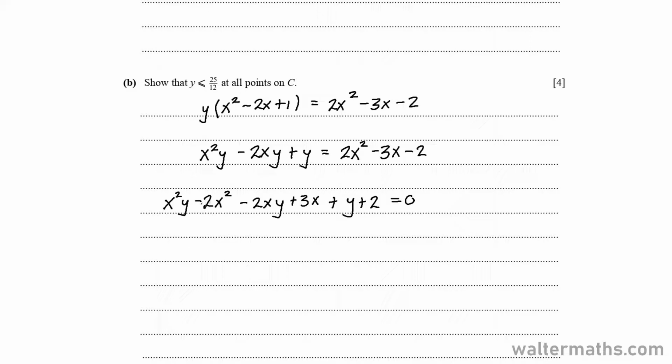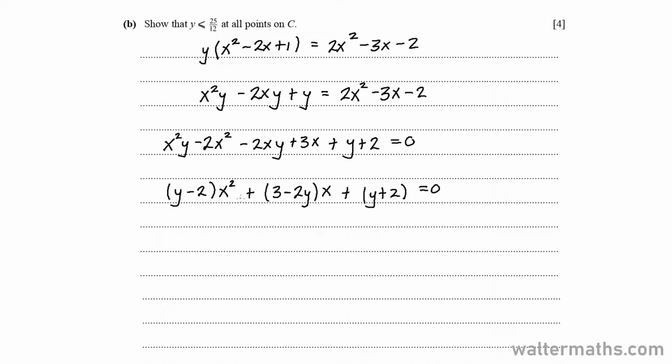Now I'm going to factor out x squared for the first two terms, so I'll be having y minus 2 of x squared here. And for the next two terms, I'll factor out x, so it'll be plus 3 minus 2y of x, like this. And for the last two terms, I'll just write them as y plus 2, like this.